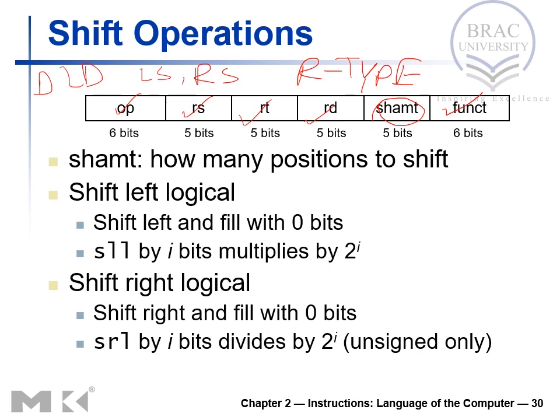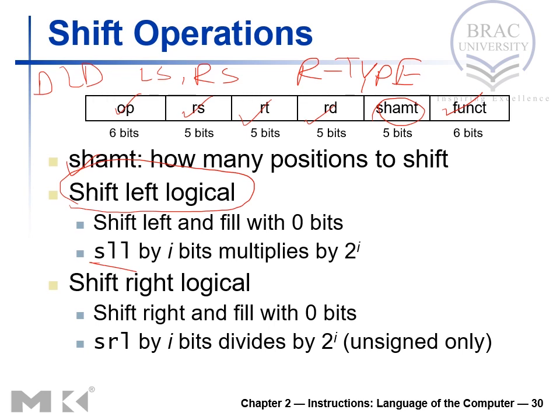So SHAMT says how many positions to shift. Shift left logical, called SLL, shifts left and fills with 0 bits. The empty cells will be filled with 0 bits.